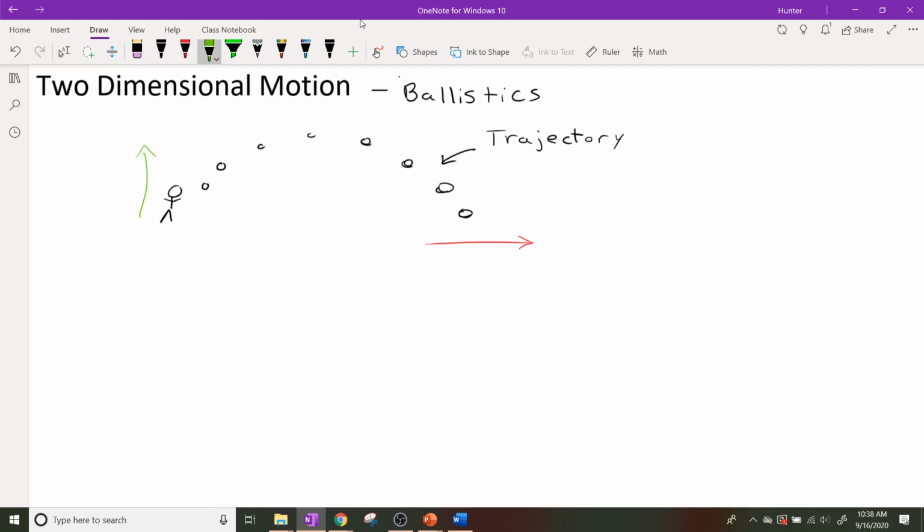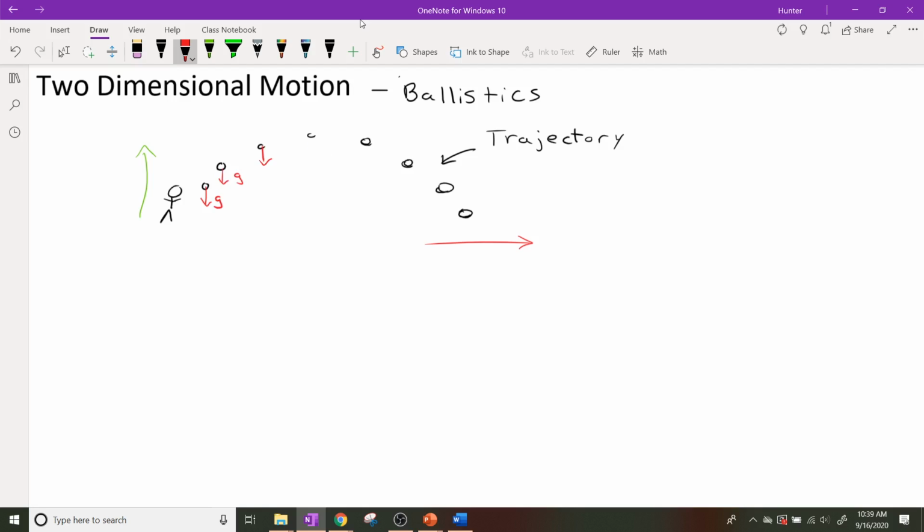Think about that. If it's got to go up somehow, that acceleration comes from the Earth, not the left and right direction. So if we think about the acceleration that's happening on an object, it is always in its trajectory going to be the exact same thing every single time we analyze it.